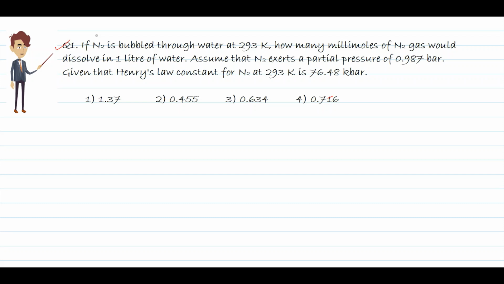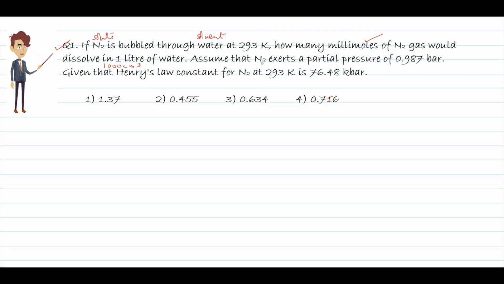Nitrogen is bubbled through water. It means nitrogen is the solute and water is the solvent. They are asking to find out millimoles of nitrogen gas dissolved in 1 liter of water. 1 liter of water means 1000 centimeter cube of water.